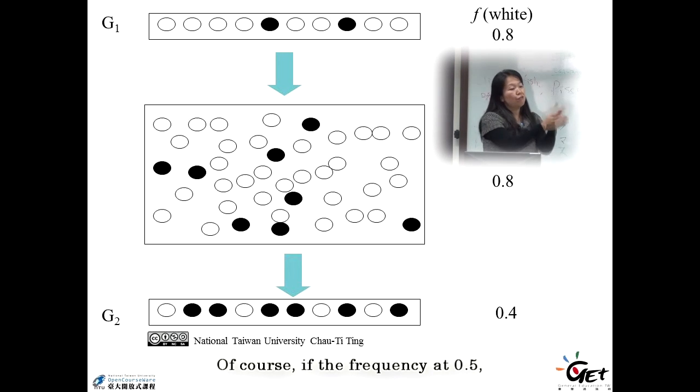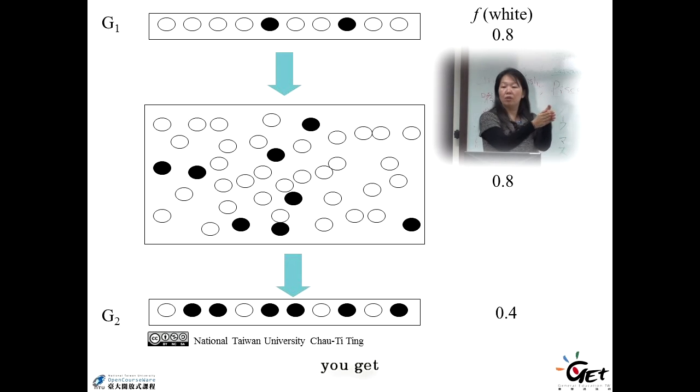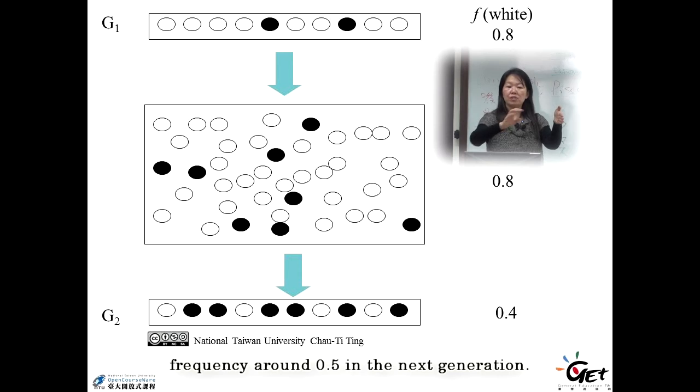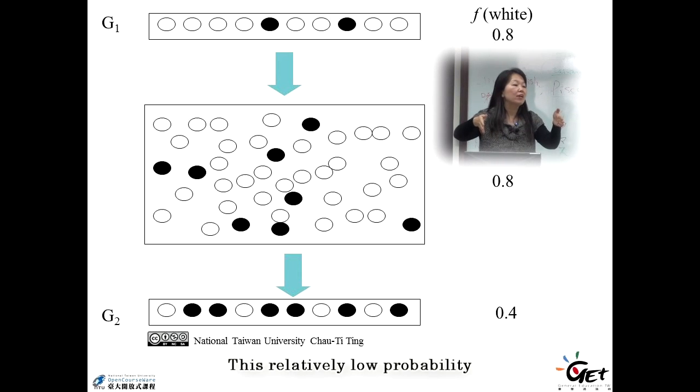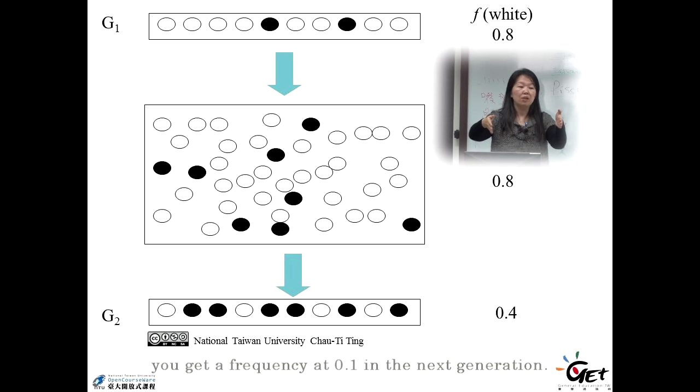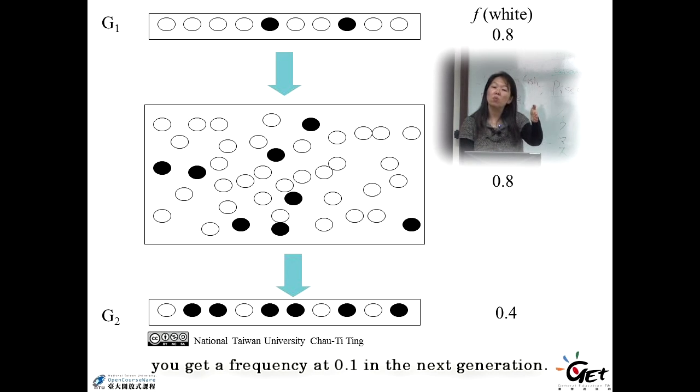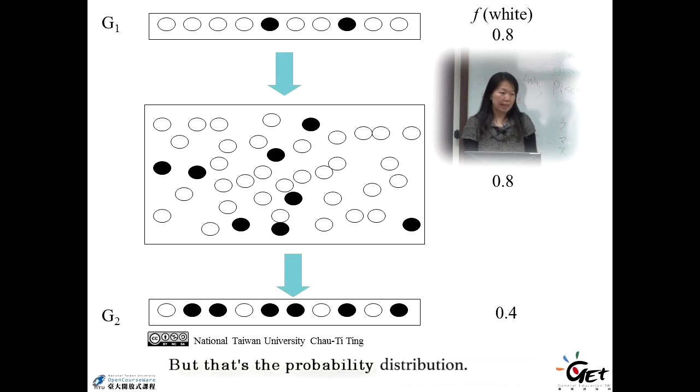Of course, if the frequency is at 0.5, there's a higher probability you get a frequency around 0.5 in the next generation. There's a relatively low probability you get a frequency of 0.1 in the next generation. But that's the probability distribution.